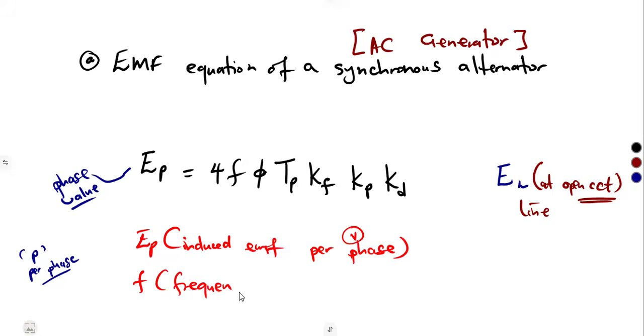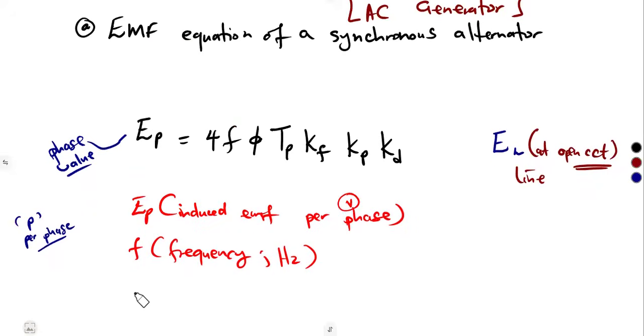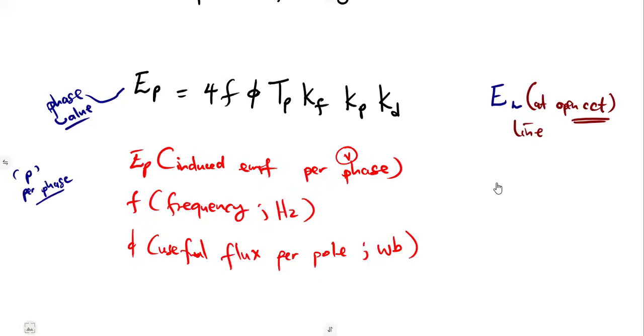Then we have our frequency, which, as we know, is measured in hertz. Then we also have the useful flux per pole, which we are given per pole. The useful flux per pole is measured in Webers. So remember the units, it is measured in Webers.